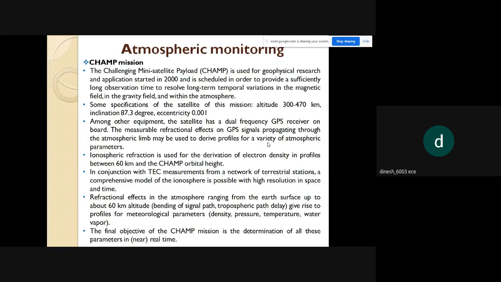So some specifications of the satellites in this mission are: we can determine with an eccentricity of 0.001, with an altitude of about 300 to 470 kilometers, and an inclination of 87.3 degrees.